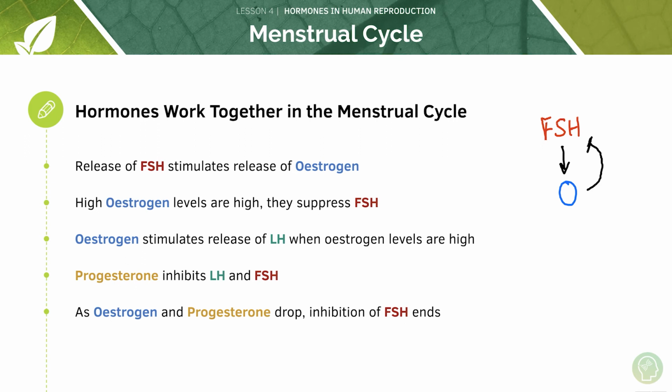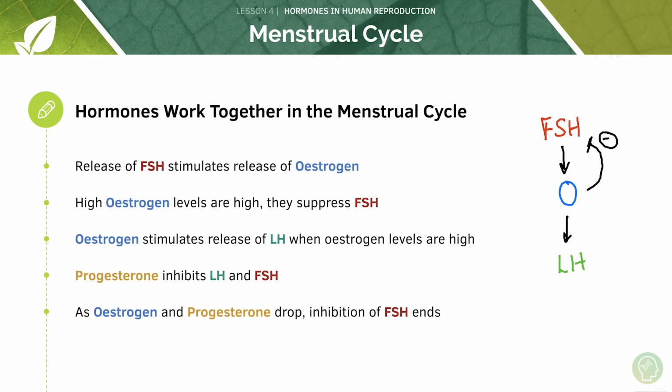And when estrogen levels are high, there's going to be a negative feedback loop in which it inhibits further release of FSH, which is a good thing because we don't want estrogen levels to keep rising. Once they get to an appropriate level, we want estrogen levels to stop rising, and therefore, in turn, we have to tell FSH to stop sending that signal to stimulate the release of estrogen.